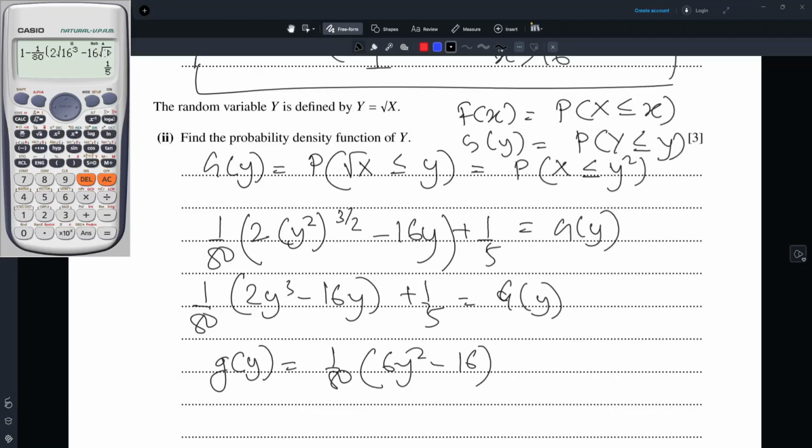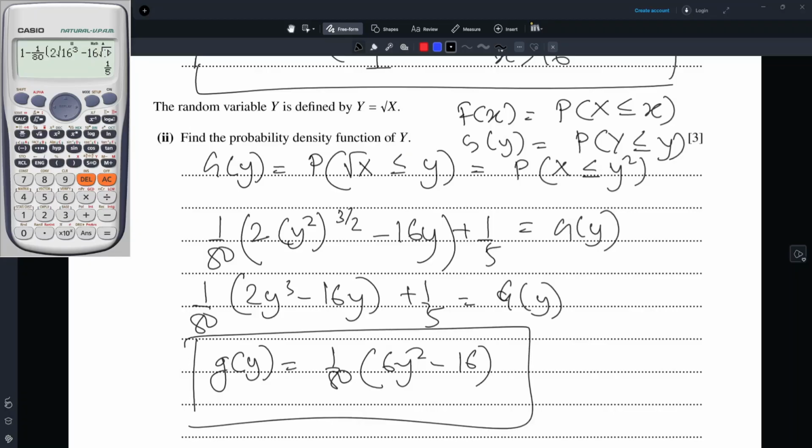I think this is supposed to be 8. Yeah, I think it's supposed to be 8. They could also take out a common factor. I was just looking at the mark scheme. They actually took 2 common out of it and got a similar form. But I don't need to do that. I can leave it like this.